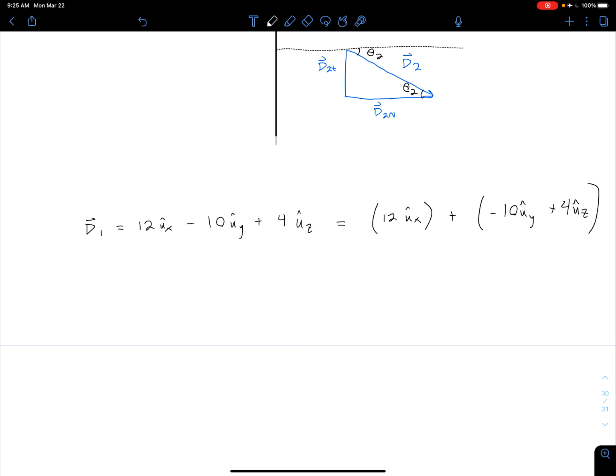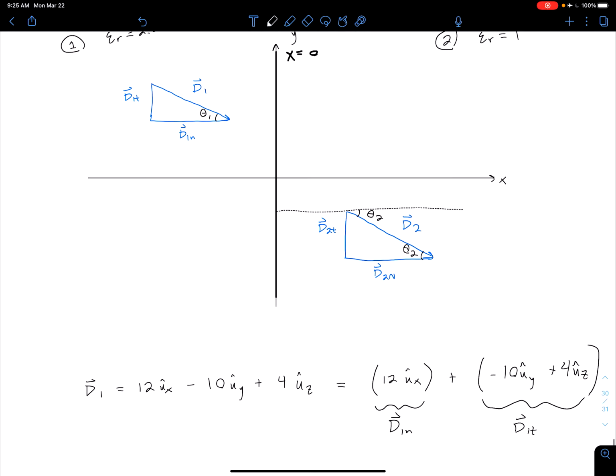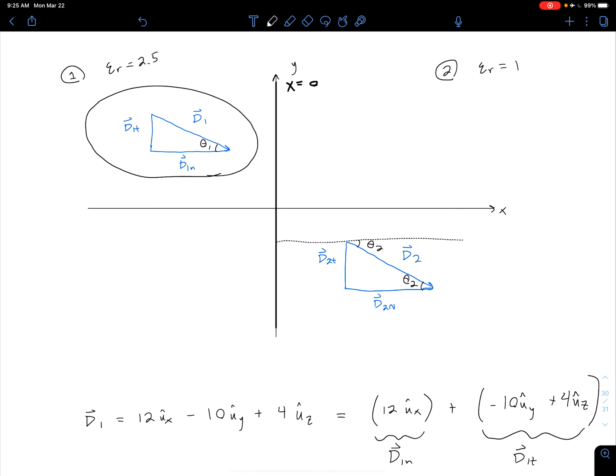The reason I've grouped that up is, of course, this is going to be our normal component, D1n, and this is going to be our tangential component, D1t. And with that in mind, it might be easier now to go back to that triangle over here and visualize how that's changing in terms of z as well, adding that third dimension.